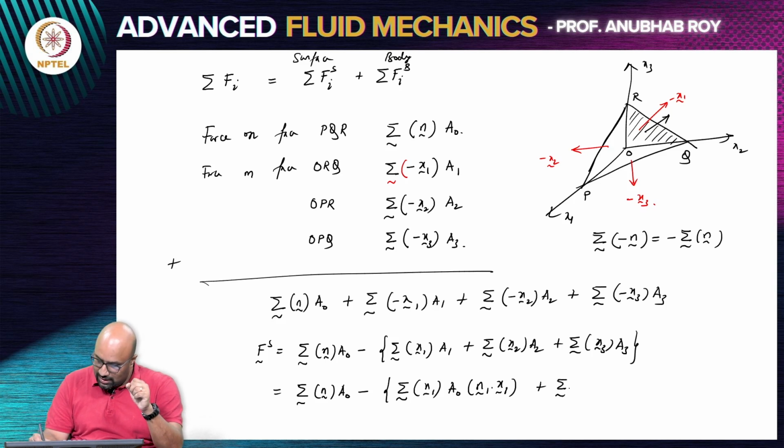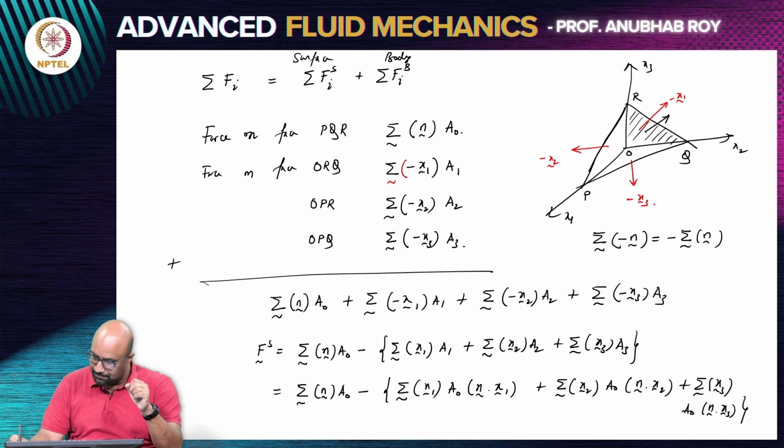Similarly, for the other one, you would have x2 A naught n dot x2. There is only one unit normal here, which is n dot x1, n dot x2, sigma x3 A naught n dot x3.